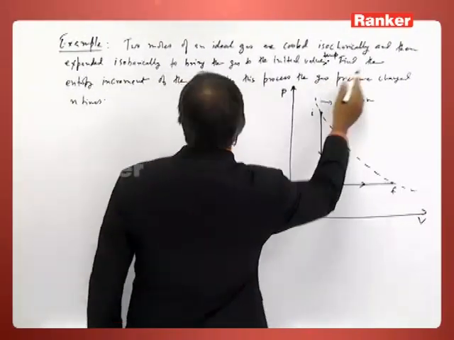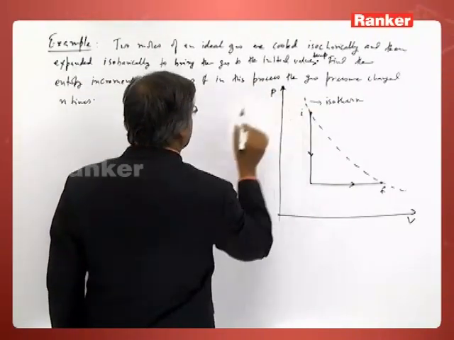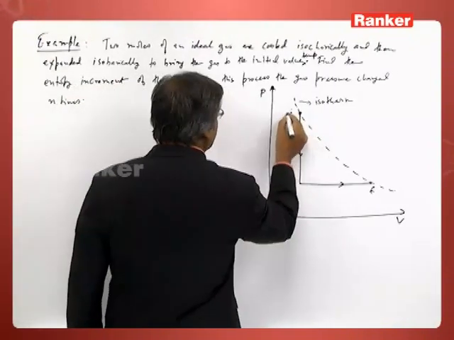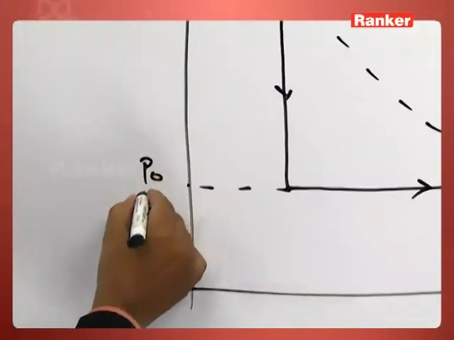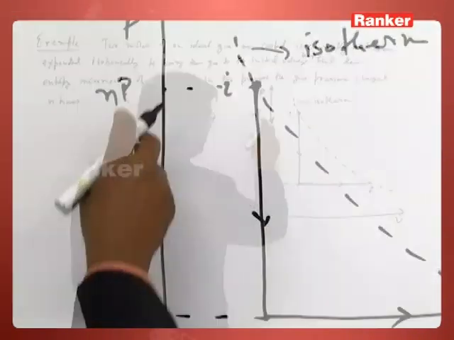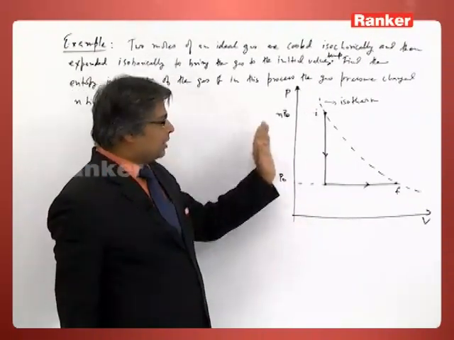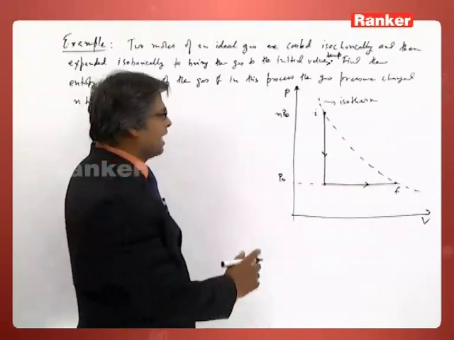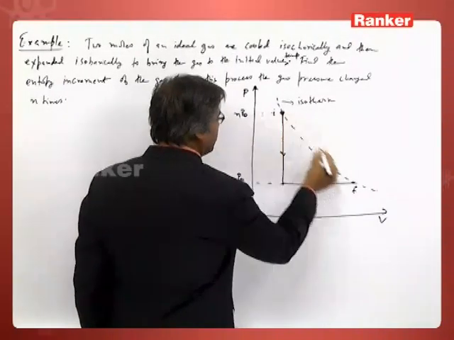So we have to find the entropy increment of the gas if in this process the gas pressure changed n times. Suppose this is P naught, so the other pressure becomes N P naught. Previously it was N P naught, now it is P naught. So we have to calculate the entropy change from here to here.